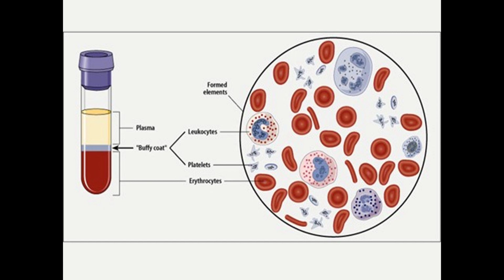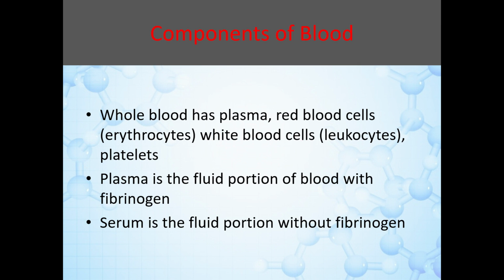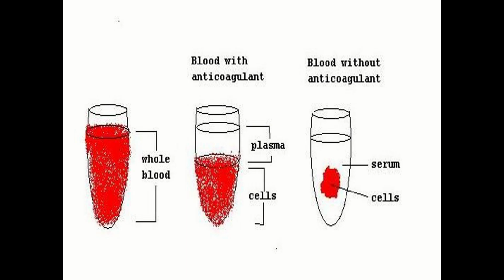As you can see in this picture over here, there is whole blood in one tube, and in the other tube we put the anticoagulant with the blood, and you see the cells have settled down while the plasma stays on top. While when you have blood without the anticoagulants, you can clearly see that the serum has separated.